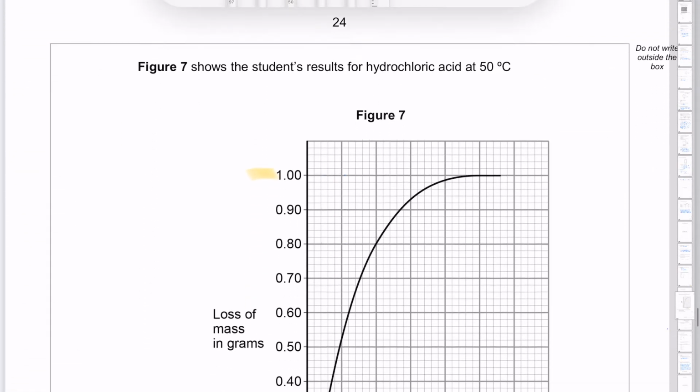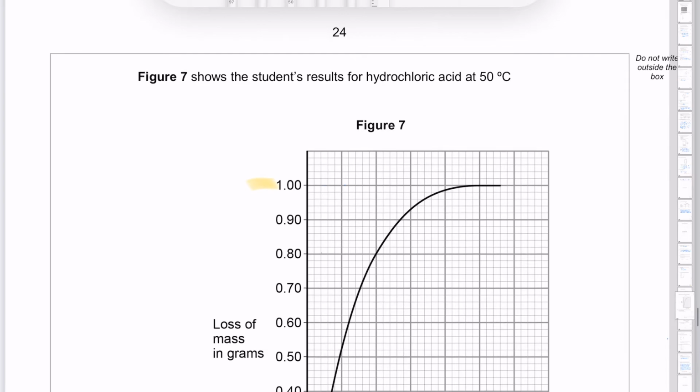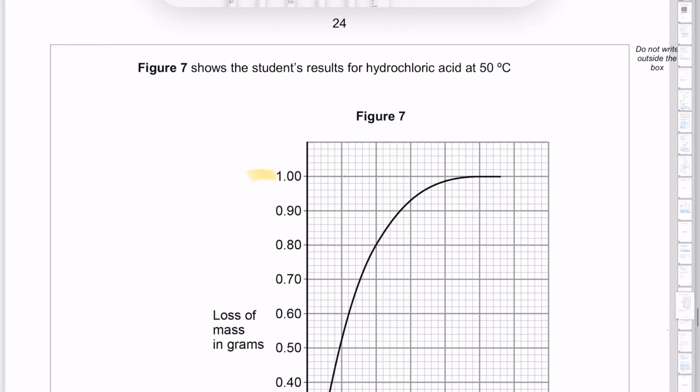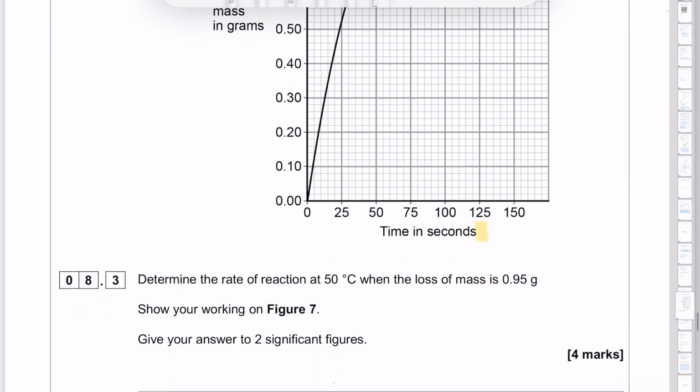You want to know why? Then you need to look up kinetic theory. It's about the kinetic energy of the particles at 50 compared with the kinetic energy of the particles at 30 degrees C.